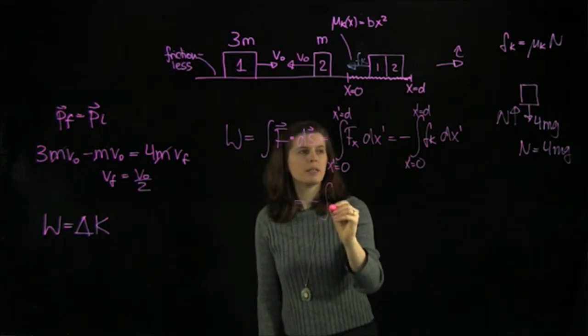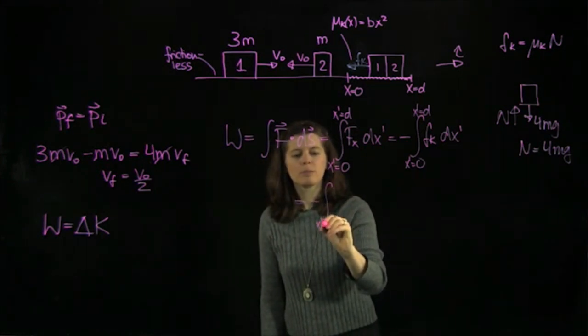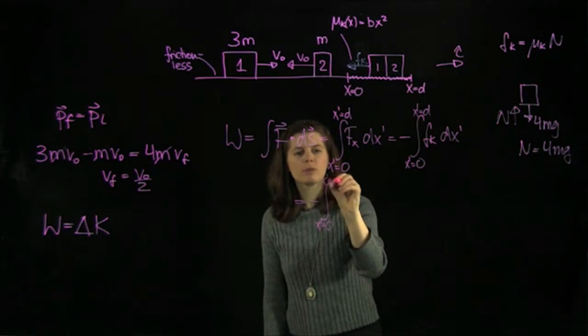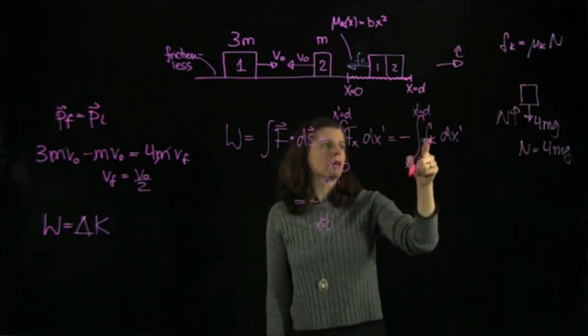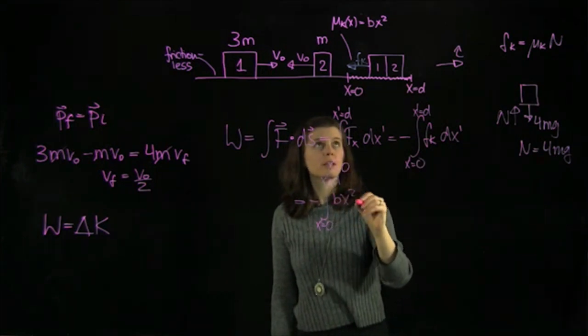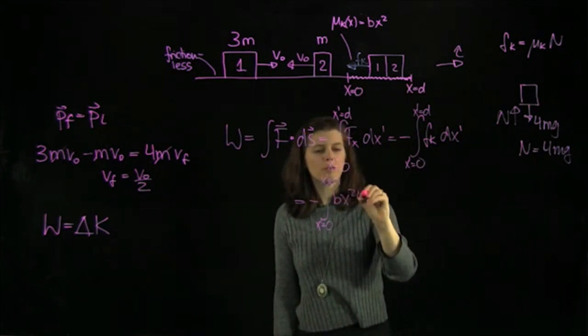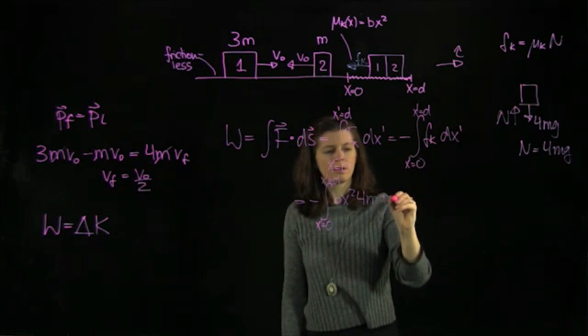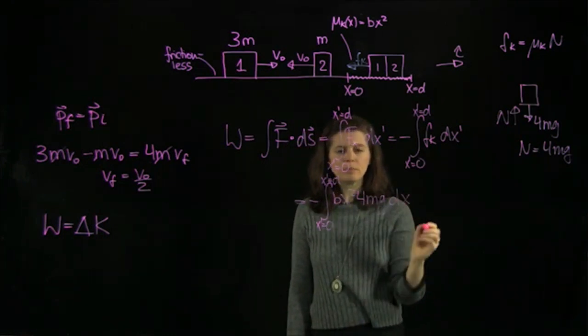So we're going to have minus the integral from x prime equals 0 to x prime equals d of the coefficient first, b x squared, and then the N for 4mg, dx.